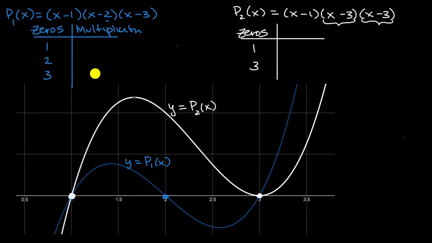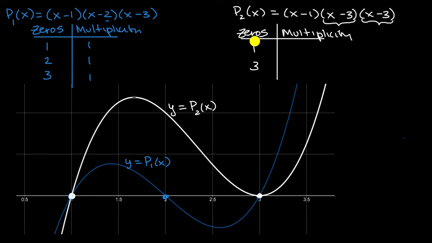I'll write it out there, and I will write it over here. Multiplicity. And so for each of these zeros, we have a multiplicity of 1. They're only deduced one time when you look at it in factored form. Only one of the factors points to each of those zeros.